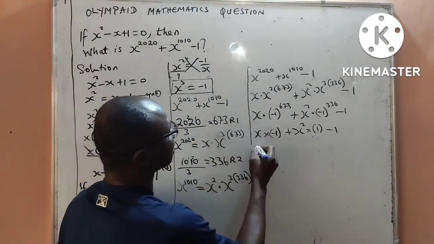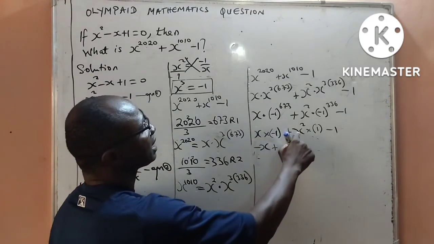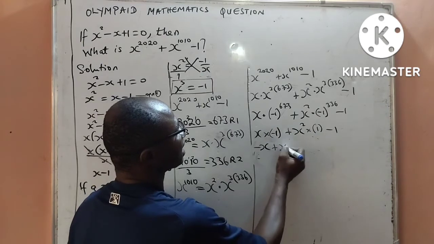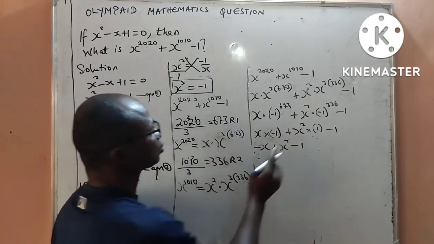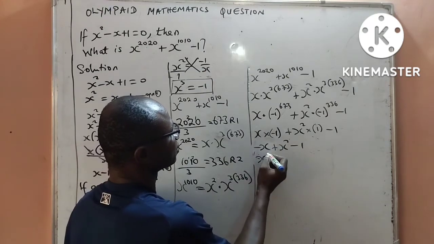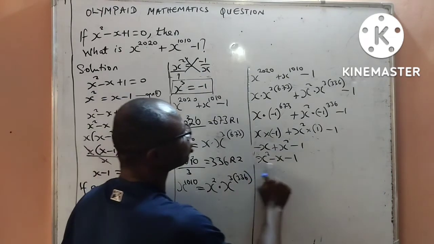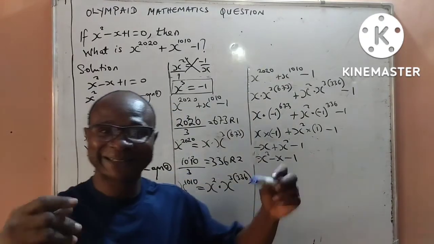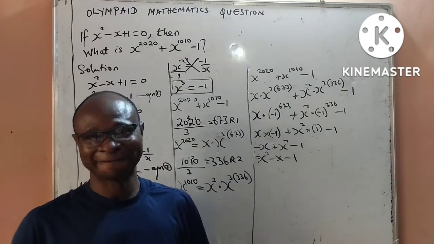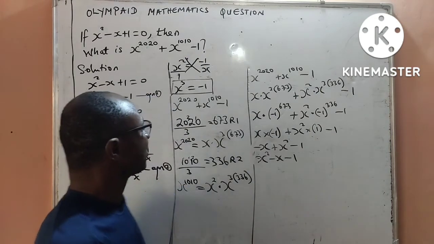Multiply minus 1 by x, you get minus x. Plus x raised to power 2 times plus 1 will give us x raised to power 2. Then put here minus 1. This, I can rearrange to become x raised to power 2 minus x minus 1. This is what I have now solved from x raised to power 2020 plus x raised to power 1010 minus 1. Oh, math. Really good.